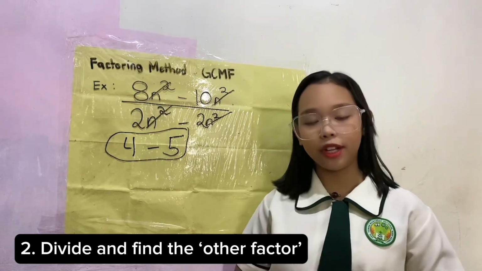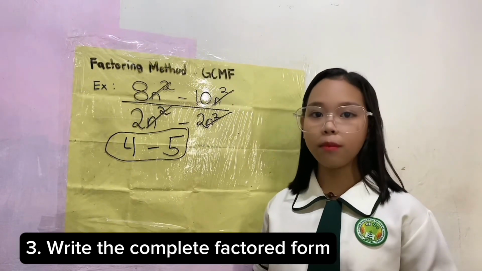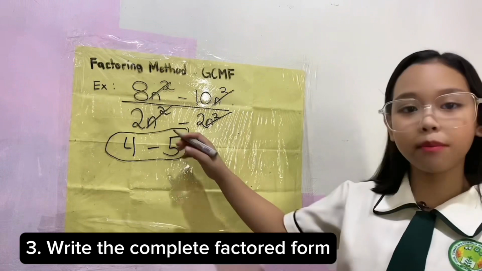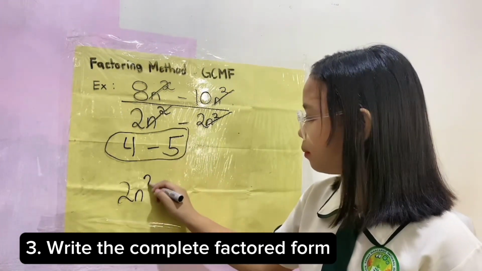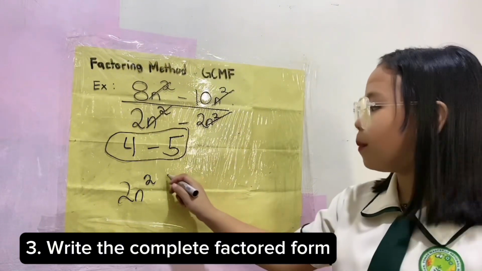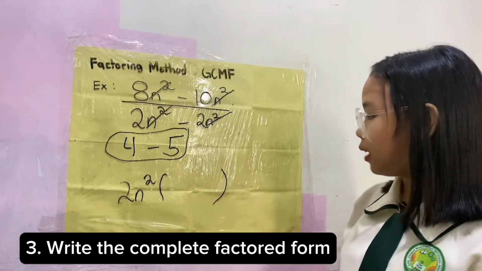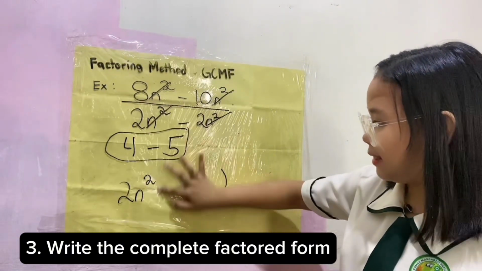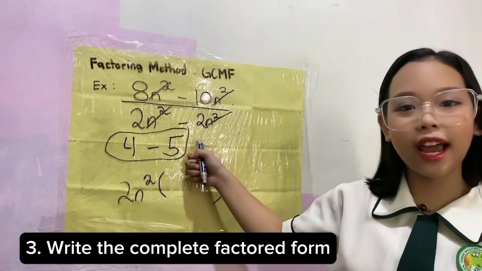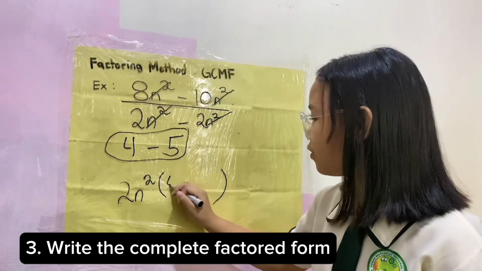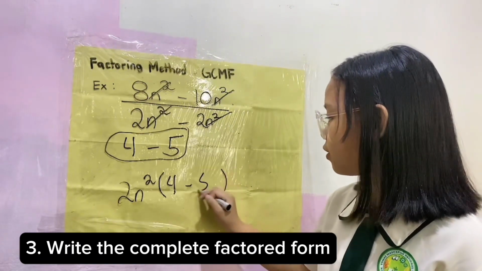Now, for step 3, to write the complete factored form, you have to get their GCMF again. So we'll write it here, 2n squared, and then you have to make an open and close parenthesis. Then we'll write the other factor, 4 minus 5.